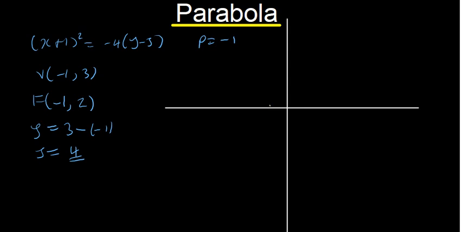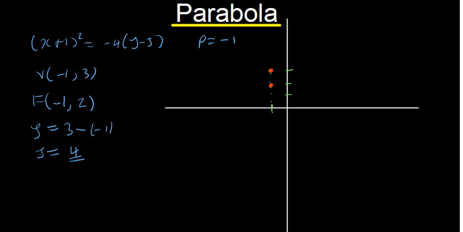We have 1, 2, 3 on the y-axis, so you're going to have your vertex somewhere here. Then the focus is at (-1, 2), which is somewhere at this point.